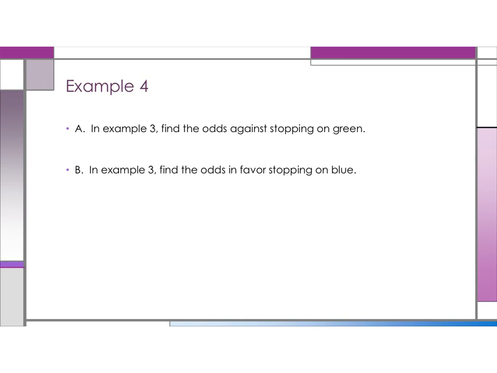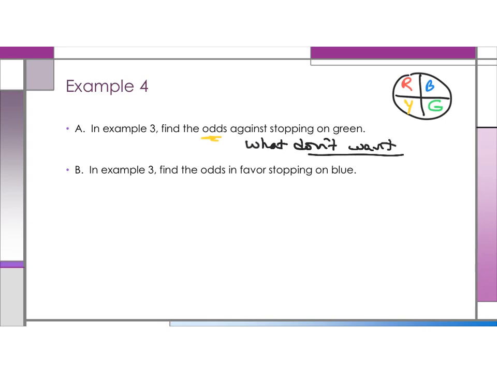Here, same spinner that we did before. Remember, it was broken into equal parts. We had red, blue, green, and yellow. Remember for odds, and it wants odds against, so what you're doing is what you don't want over what you want.